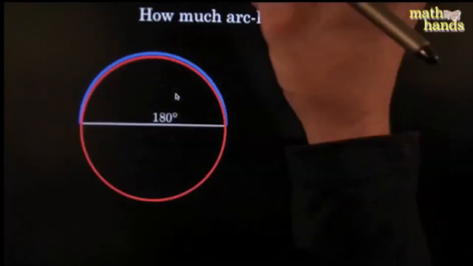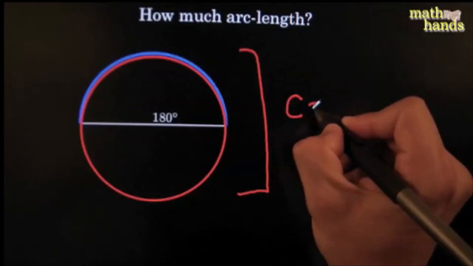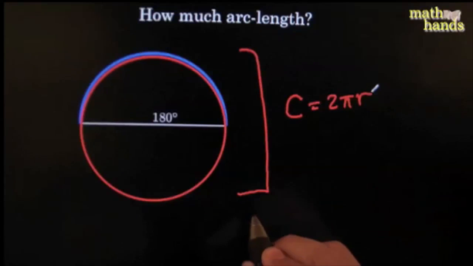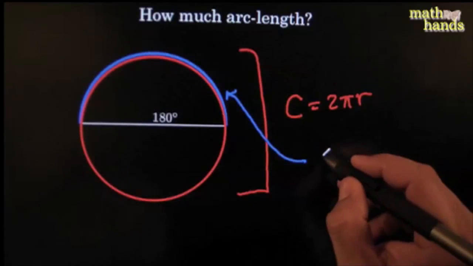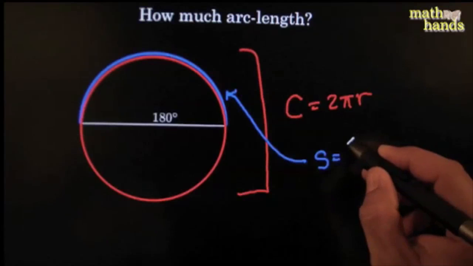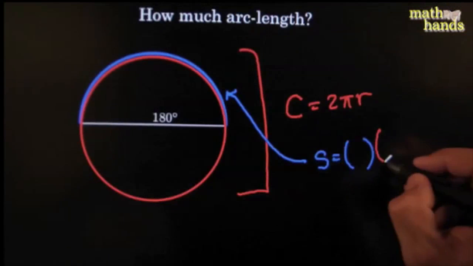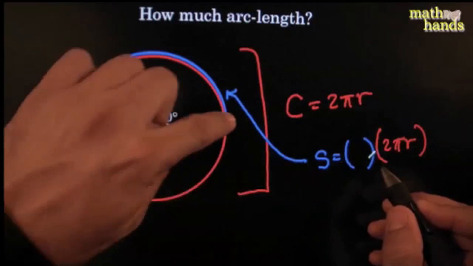For this, we say, okay, the whole thing, the circumference, is equal to 2 pi r. So the blue portion right there, we call S for arc length, would be a certain portion of the entire circle, which is 2 pi r. Now the only question is, what portion is this?